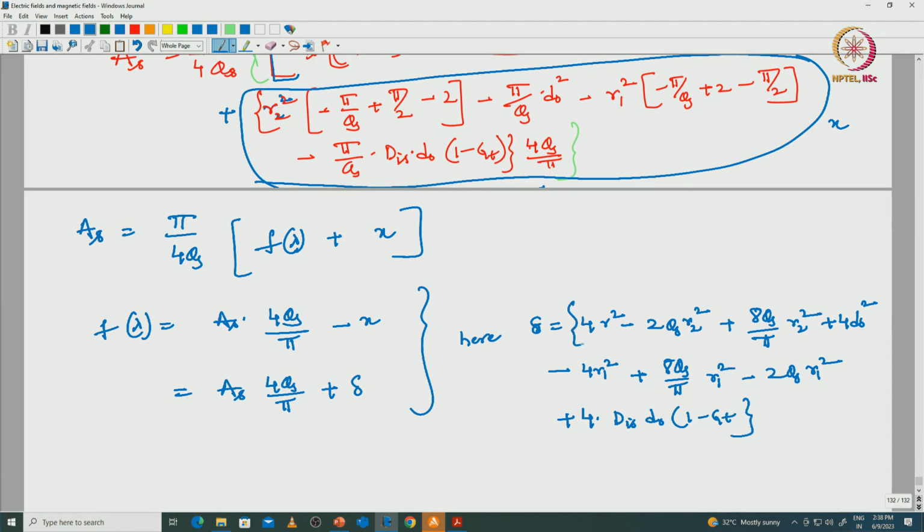This is the total equation for delta. It is a constant. This delta is also equal to minus x.